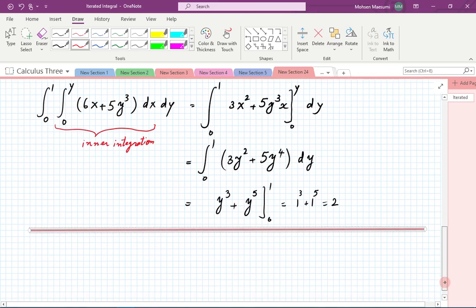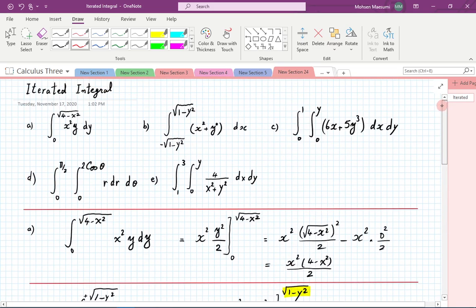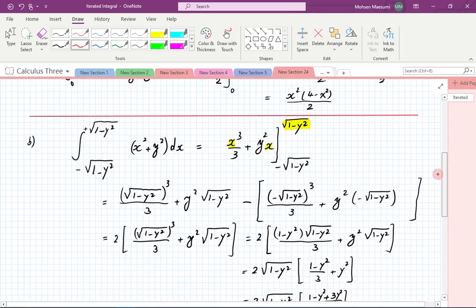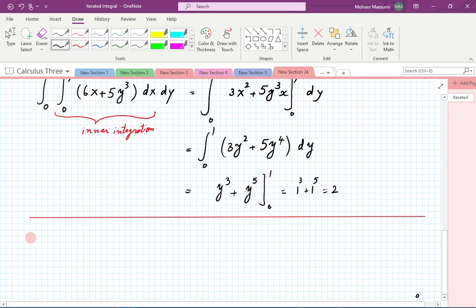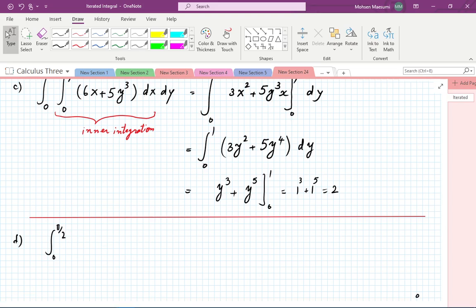Next, let's take a look at problem C, and problem D. We have 0 to pi over 2. So this was problem C. This is D, 0 to pi over 2, and then the rest of it was 0 to 2 cosine of theta, r dr d theta.